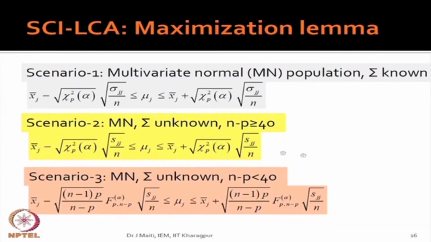If sigma is unknown and the sample size is large, you are using s j j, and you are also using chi-square distribution. When the sample size is small, with multivariate normal and sigma unknown, you are using F distribution.